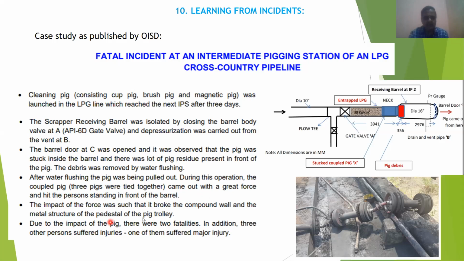The impact of the force was such that it broke the compound wall and the metal structure of the pedestal of the pig trolley. Due to the impact of the pig, there were 2 fatalities. In addition, 3 other persons suffered injuries. One of them suffered major injury. See, this is what happened. This is a giant pig.